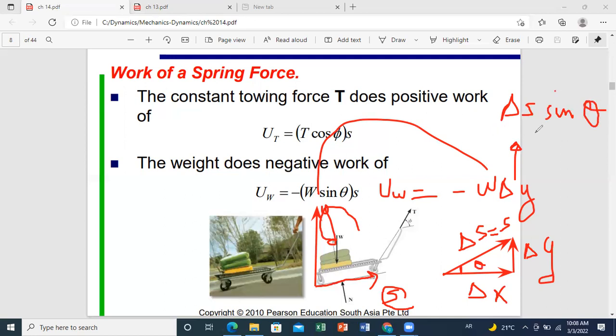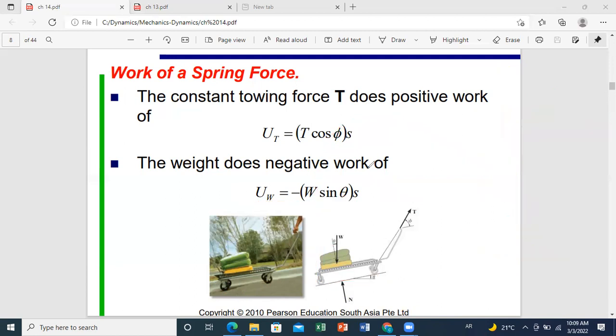Then if I replace back delta y by delta s sine theta, and delta s is s, because I considered that I started from the origin, then I obtained exactly the same expression, which is minus W sine theta times s.